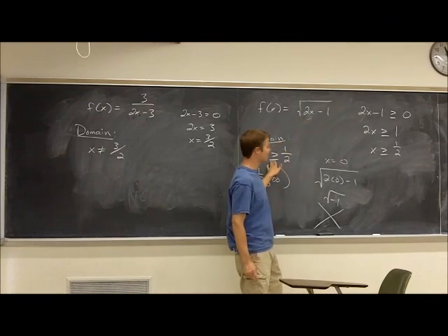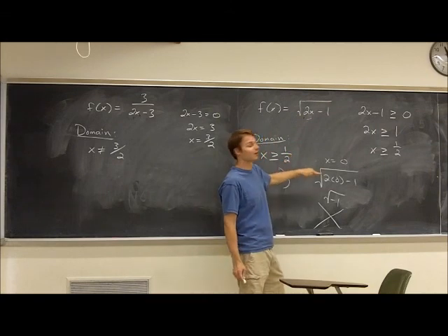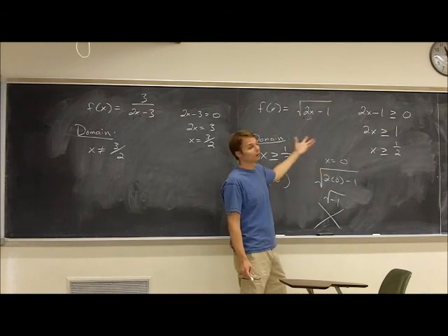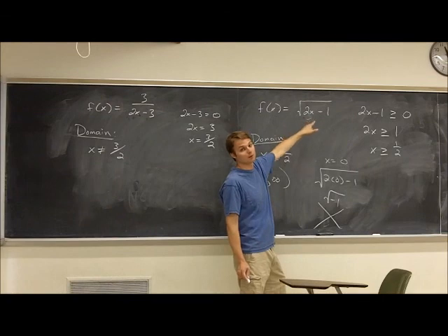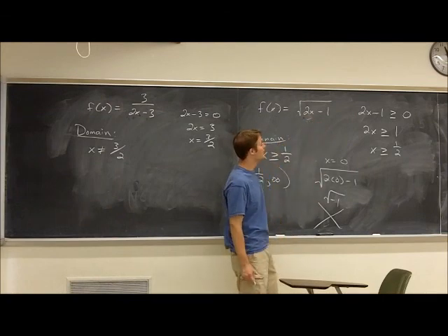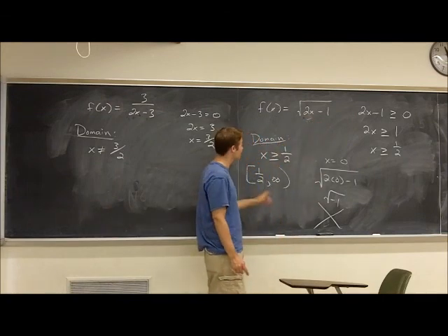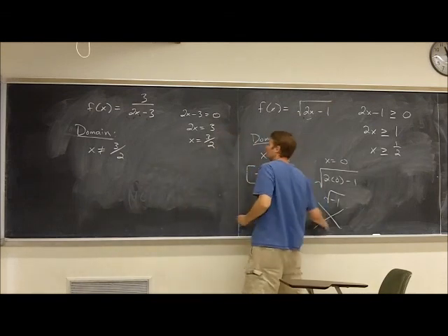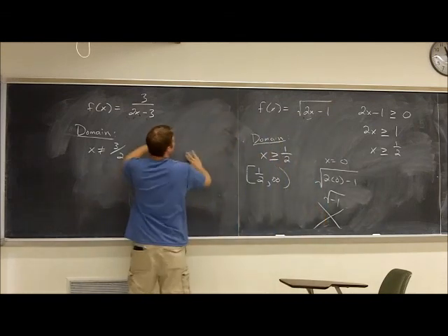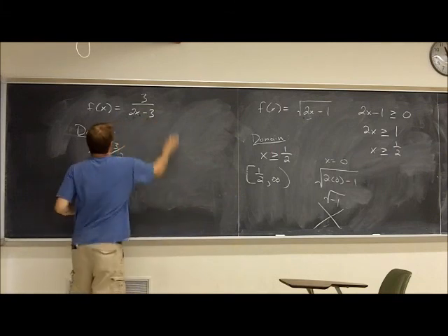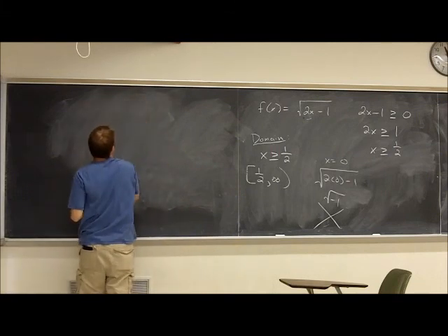But anything less than 1/2 we put in will give us a negative number. Anything bigger than 1/2 will give us a positive number under the square root. So you can check a few of those on your own if you don't quite believe me, but it definitely works like that. So these are the two main things I have to worry about when we're looking for domains.